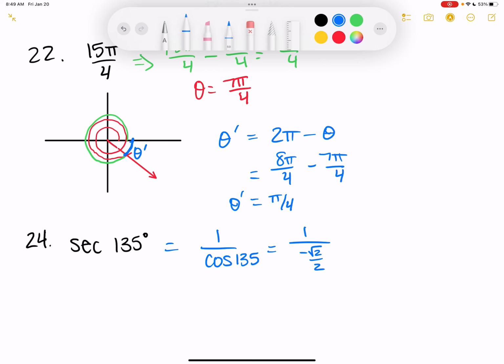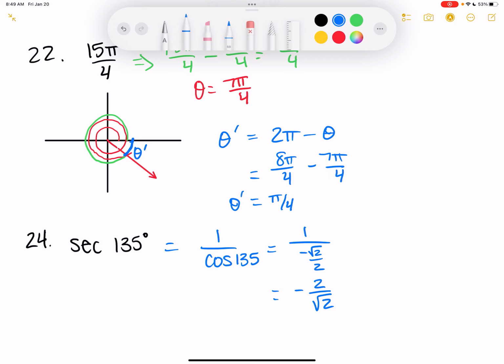You can use the little acronym: keep, change, flip. Keep the top, change the sign to multiplication, and flip the fraction. Since it's just 1, I'm just going to flip it to be minus 2 over the square root of 2. But we can't leave it that way.